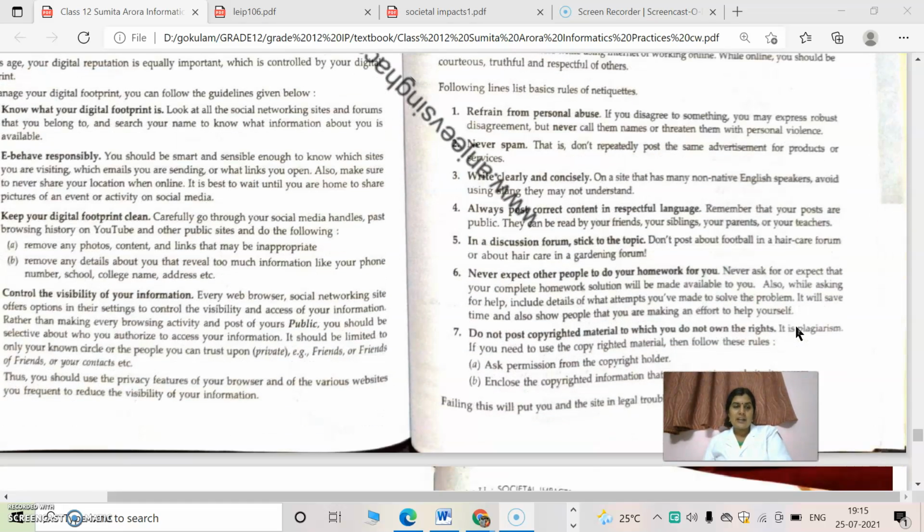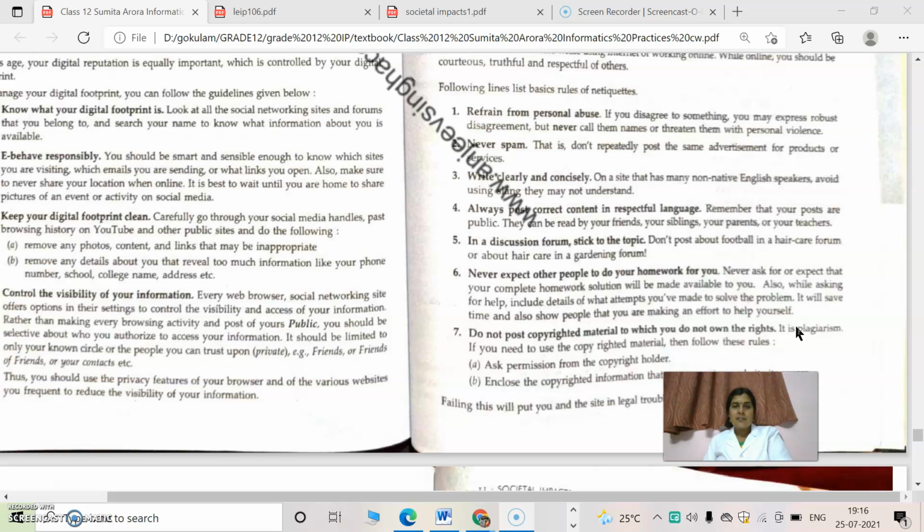So the first one is to refrain from personal abuse. You all know, don't use the internet to abuse someone, for example based on their color or their occupation. It is not good. And never spam. Spam means the same advertisement or product is posted again and again, so our friends can view that. So never spam.